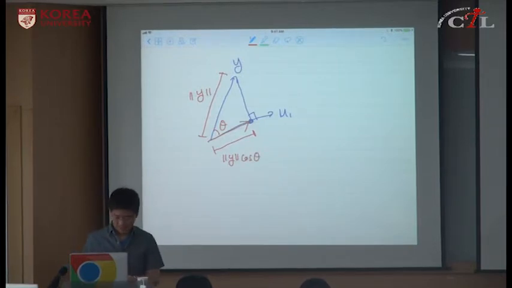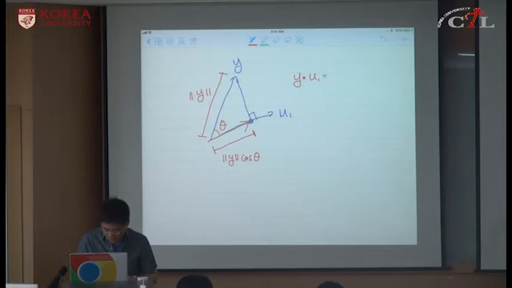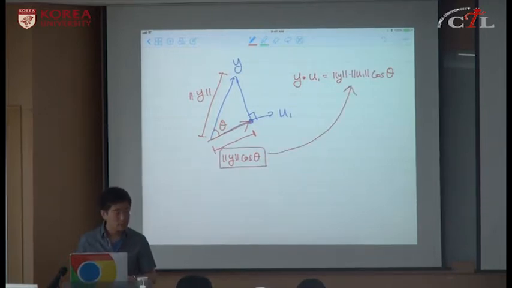Let's consider y and u1, and the length is the norm of y times cosine theta. Comparing with the original inner product definition, it is just excluding this part.